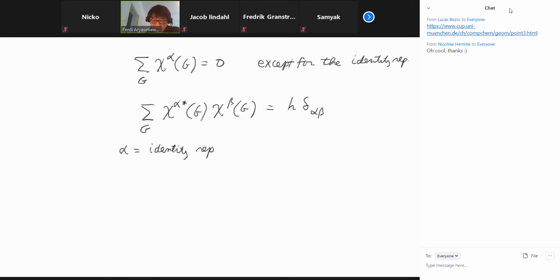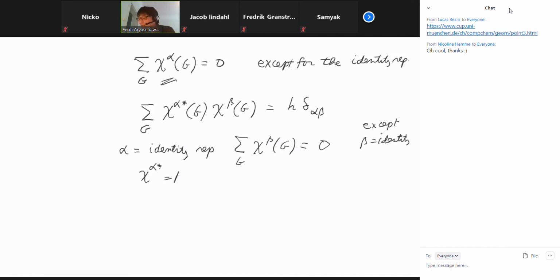Then this gives us immediately, this is just for the identity representation. This is just equal to 1. And then we just get the sum of chi of G is equal to 0. Yeah, excellent, identity representation. Okay, that's easy.